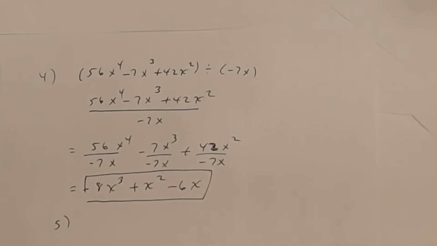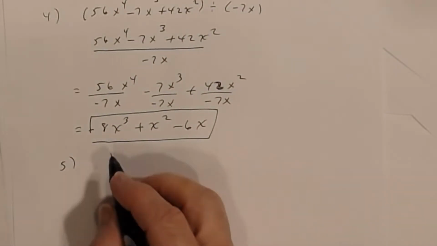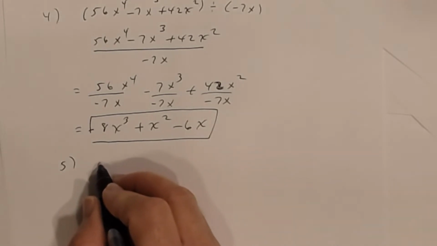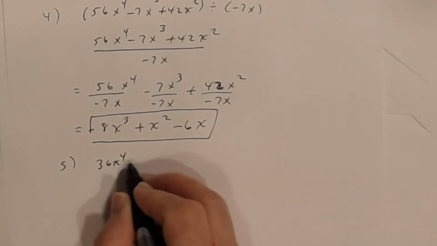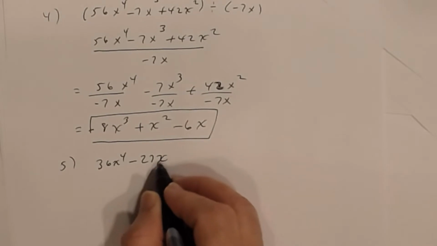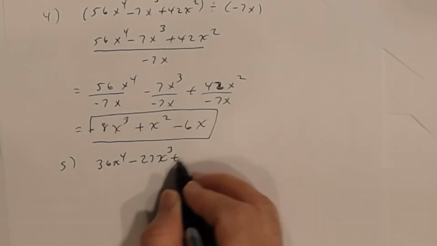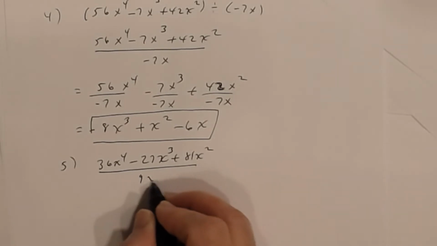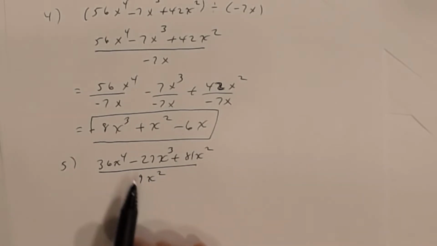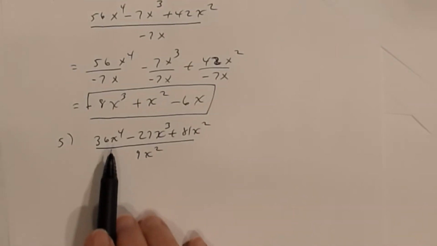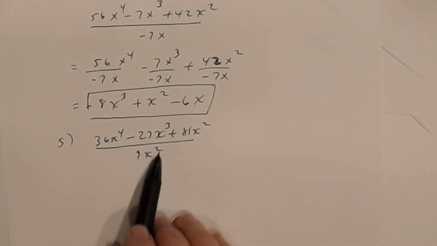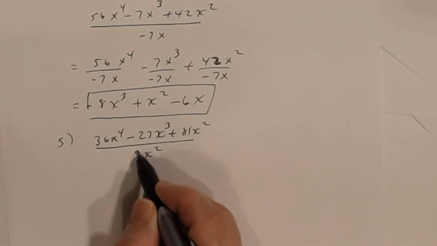Number 5. Okay, let's put number 5. We have 36x to the 4th minus 27x cubed plus 81x squared divided by 9x squared. All right, so again, same thing, same process. I have this polynomial divided by a polynomial, but it's a monomial that's in the denominator.